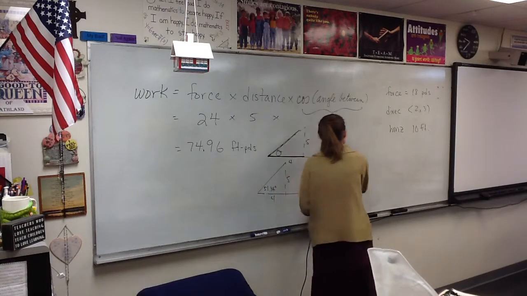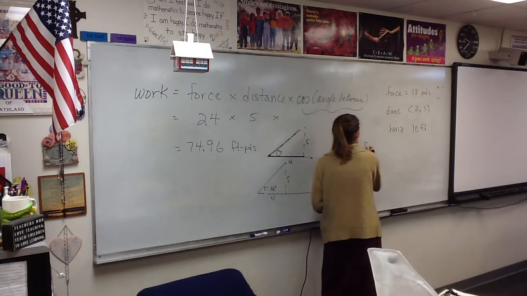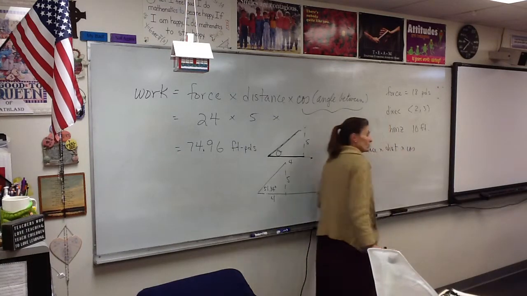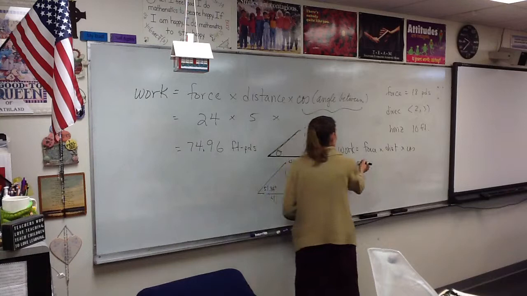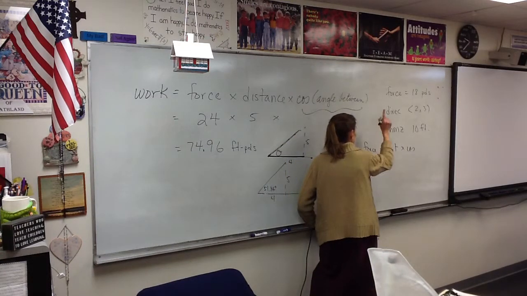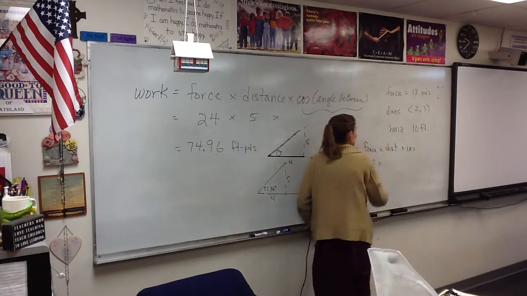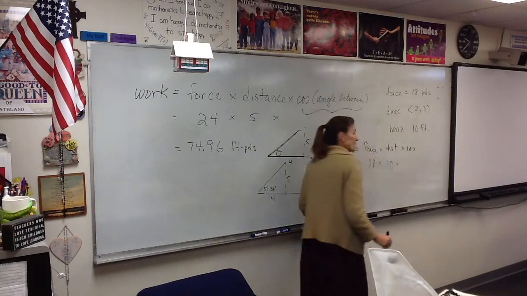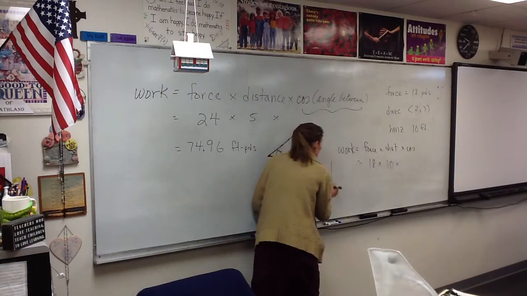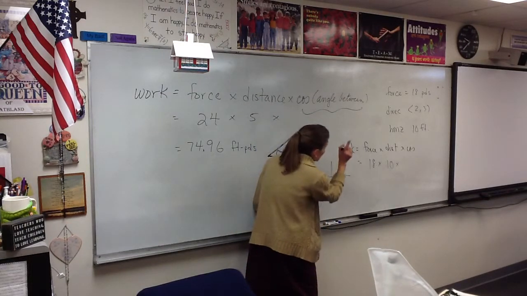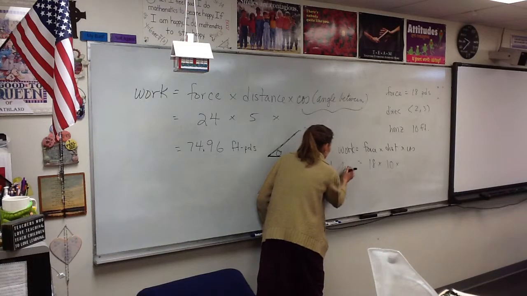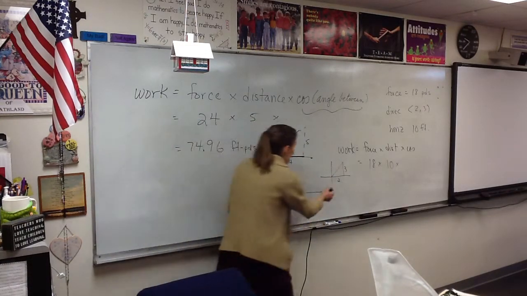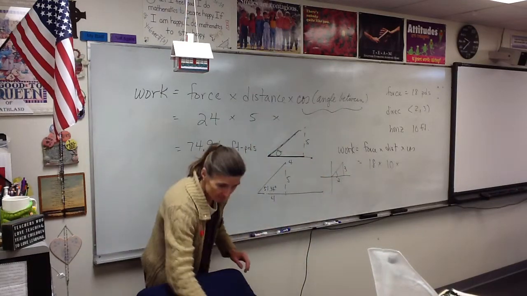All right, so here we go. How much work? Work is going to be force times distance times cosine of the angle between. What's the magnitude of the force? 18. What's the distance that we're moving the object? 10. What is the angle between them? We have no idea, but we know that angle has a direction of 2, 3, which means it has an angle of what?